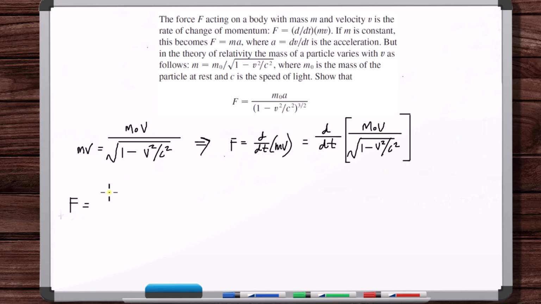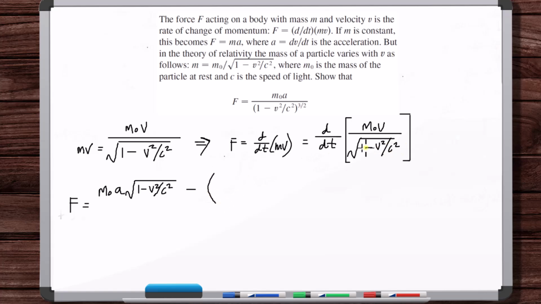The derivative of the top with respect to t is m naught dv/dt, which is just acceleration. So m naught a, times the bottom, minus the derivative of the bottom.